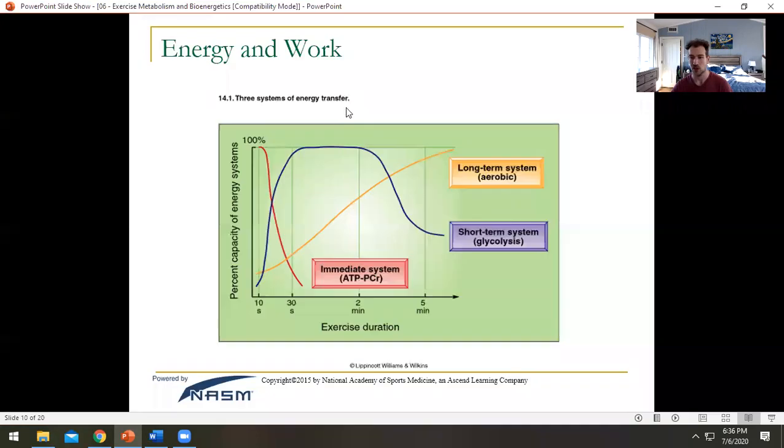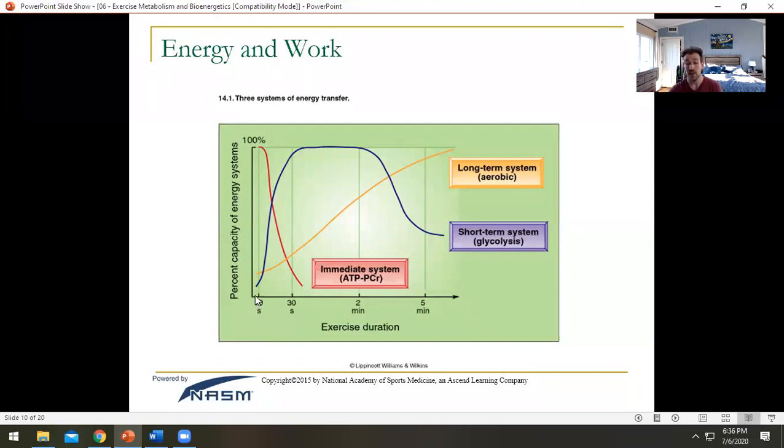So let's blow this chart up here. These are your 3 energy systems. This shows where the transfer takes place. Down here we're seeing exercise duration. Imagine this is a run, and you can put a little body down here in your head. This person's off for a run.